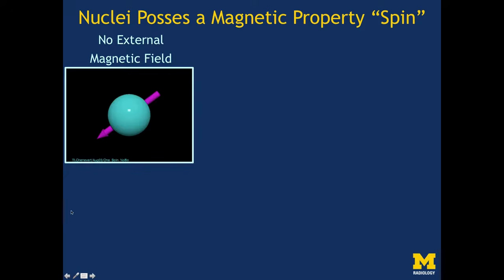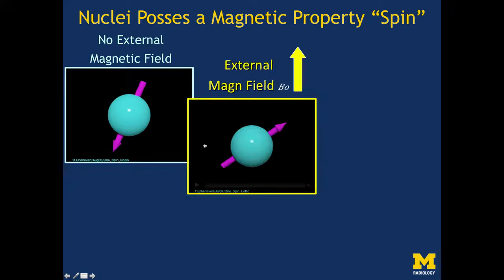The most basic component of MRI is spin. Spin is a nuclear property. It's like a magnetic bar or magnetic moment, but without an external magnetic field, that magnet will point in arbitrary directions.